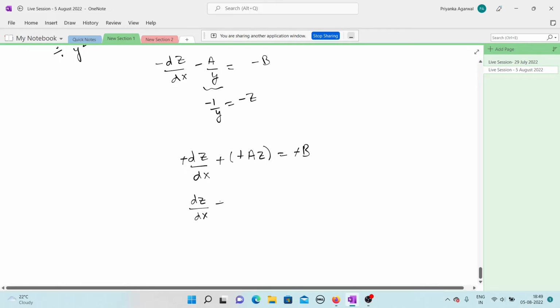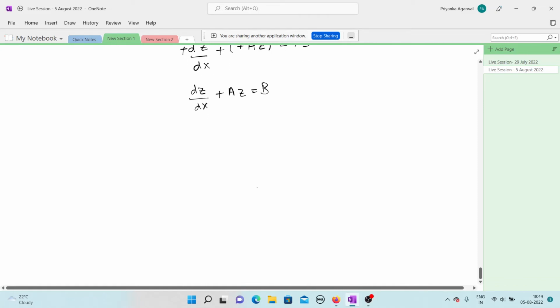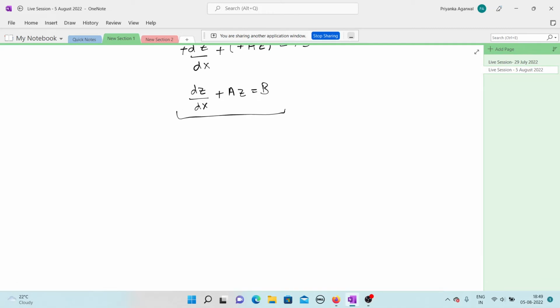So the equation which we are now left with is dz over dx plus az equals b. Now this is the familiar equation, right? Where px equals a and qx equals b.